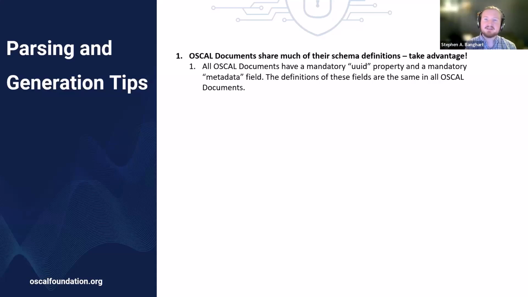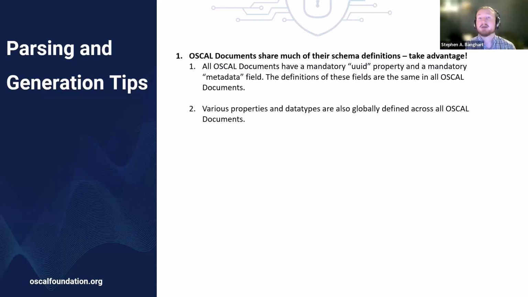Taking advantage of this can make your parsing and generation a little bit easier because you don't have to re-implement support for these things once you understand that they're defined in a common schema. Properties and data types are also in this category. OSCAL defines a number of data types that can be placed in various locations in various OSCAL documents. There are various flags, properties, and fields that are all pulled from a shared definition.